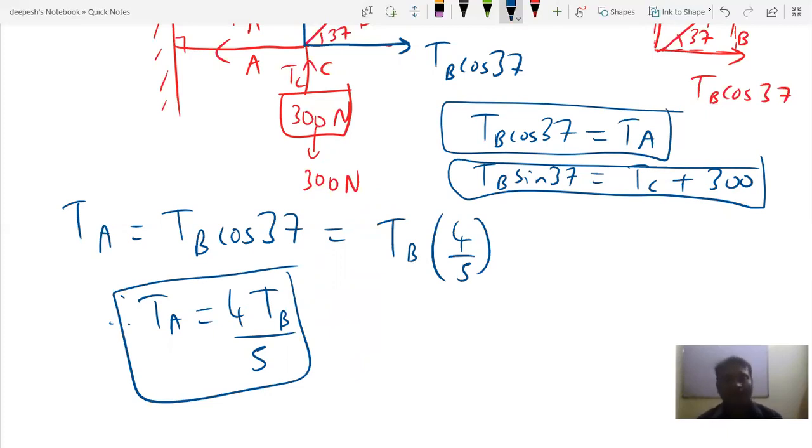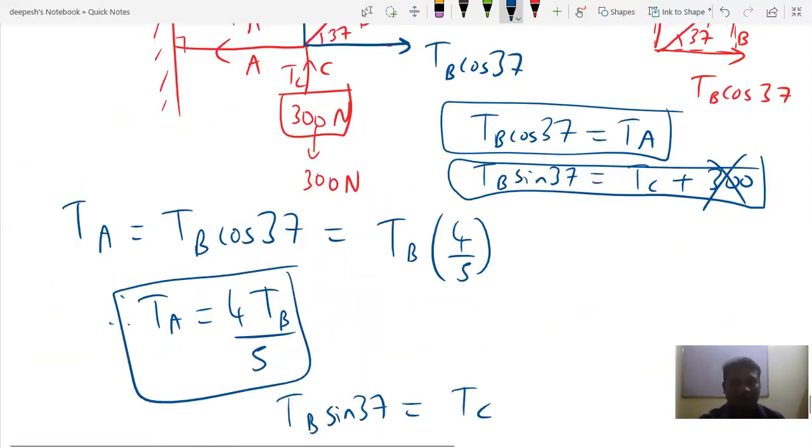Now, after this, we have to find the value of TA, TB, and TC. So let us use other equations. So we have another equation as TB sin 37. This will be balanced by TC. We will not have 300 here. Why? Because in this case, we have the diagram.